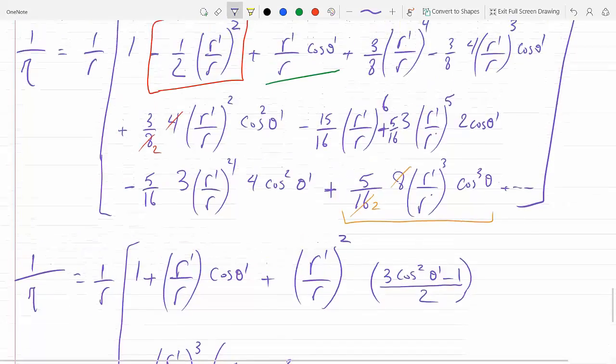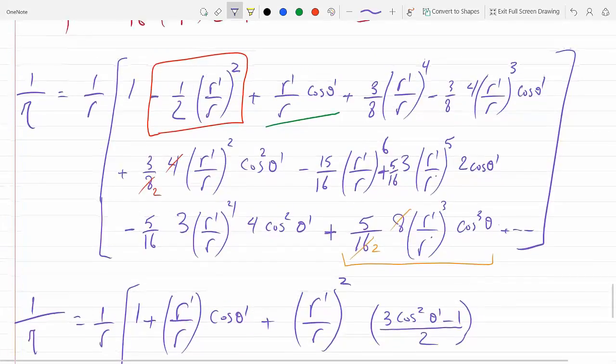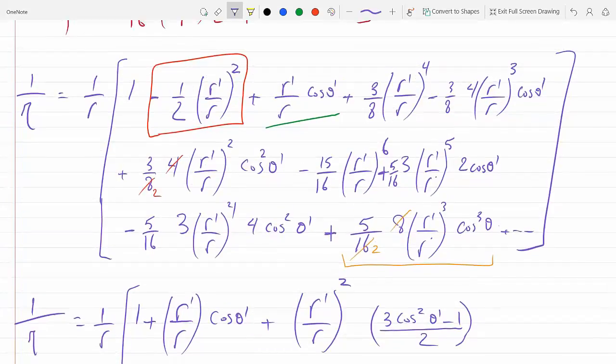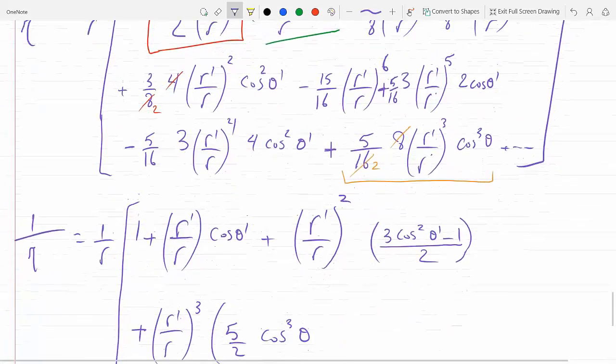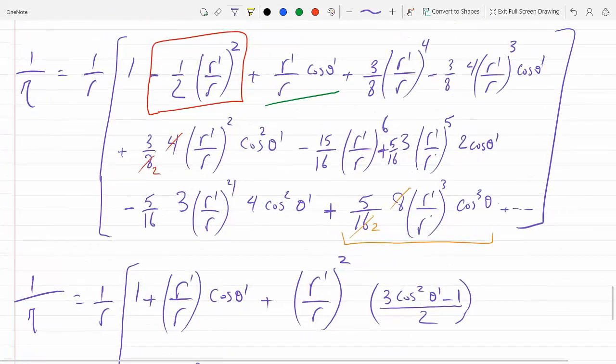What else? Do we have another term? We should get another one for the cube. Oh yeah, it's right here. So this is this one. Well, what's that?